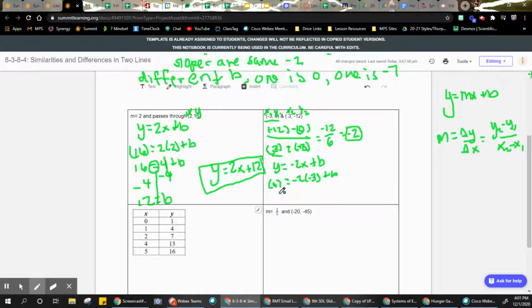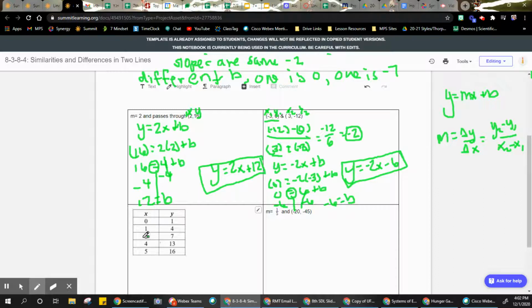Then 0 equals negative 2 times negative 3 is positive 6 plus b. Center of my equation is the equal sign. To get b by itself, I have to subtract 6 from both sides. 0 minus 6 is negative 6, so b is equal to negative 6. That means my equation is y equals negative 2x minus 6.